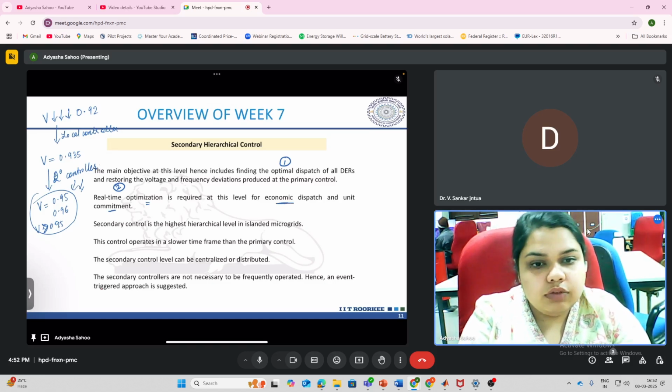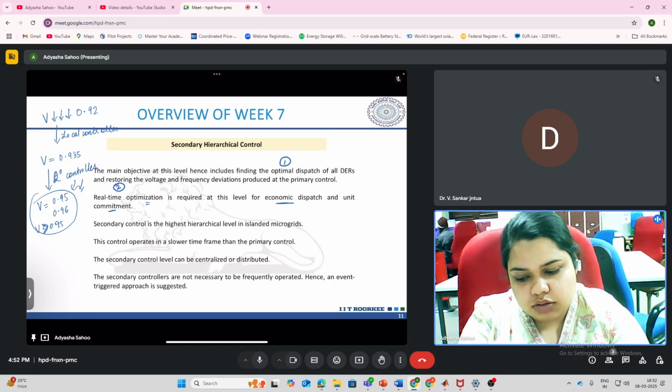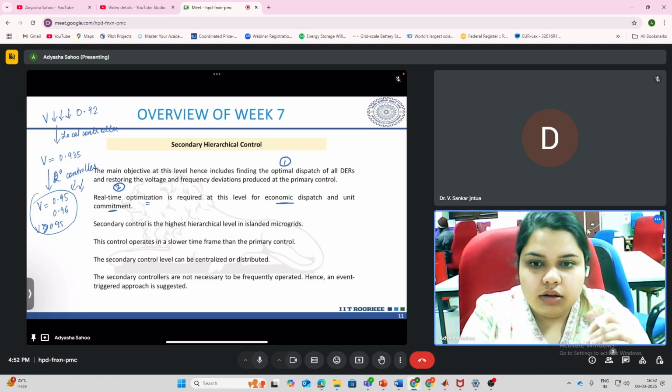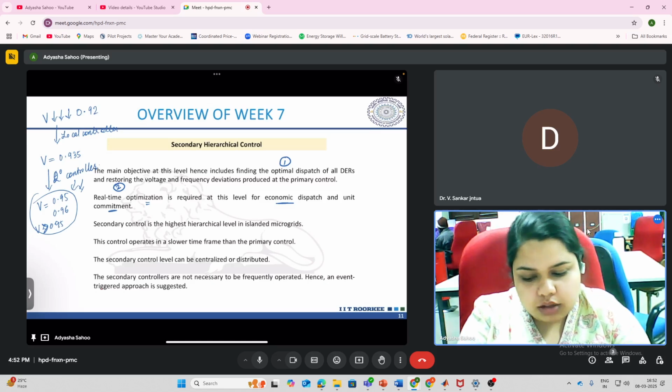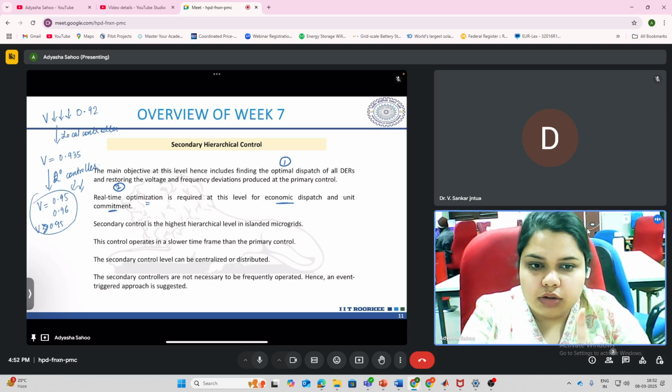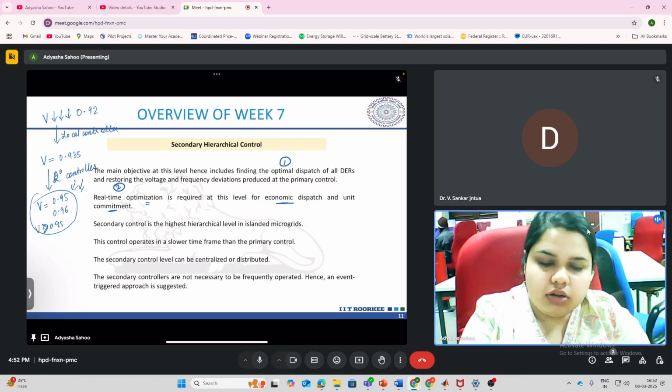Now, if it is an islanded microgrid, the secondary control layer is the highest hierarchy. Only if you have a grid connected mode, then you have the central controller with you, because the central controller communicates with other microgrids or the DSO.